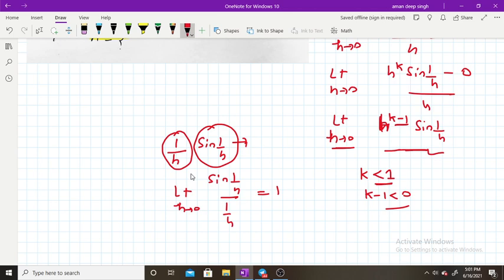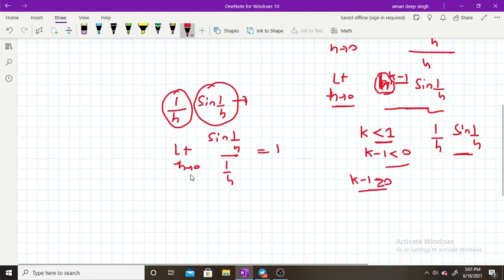When the exponent is negative, then h will be in the denominator, so our limit will not exist. So we should note that k minus 1 must be greater than or equal to 0, and then the limit will definitely exist.